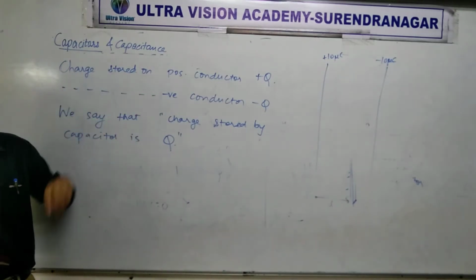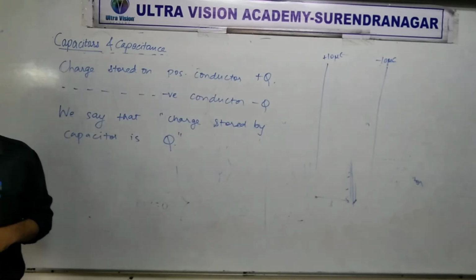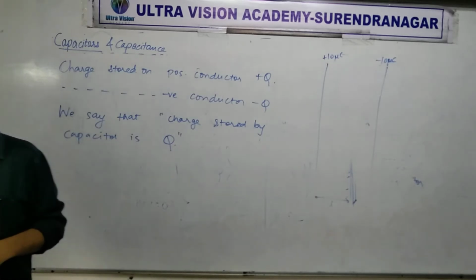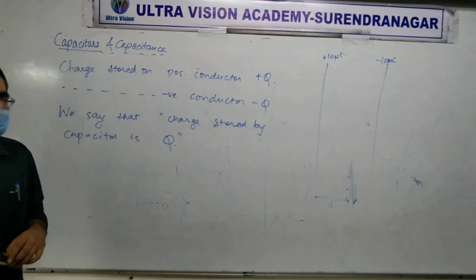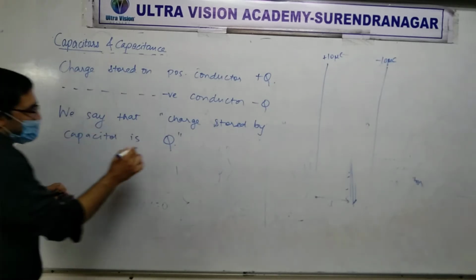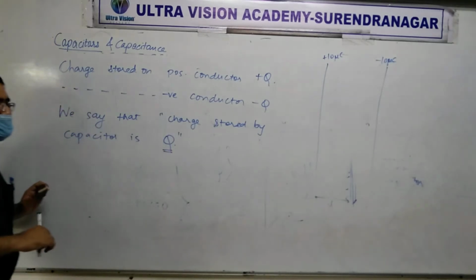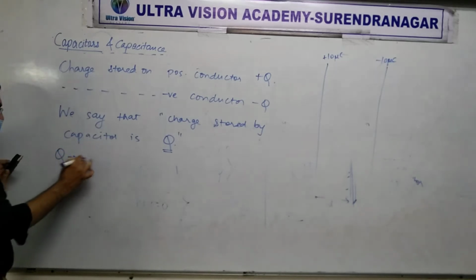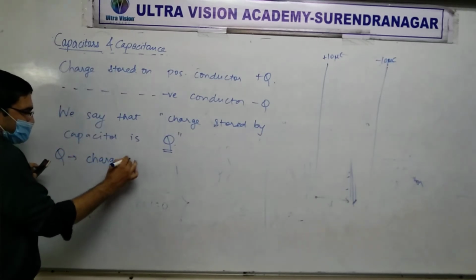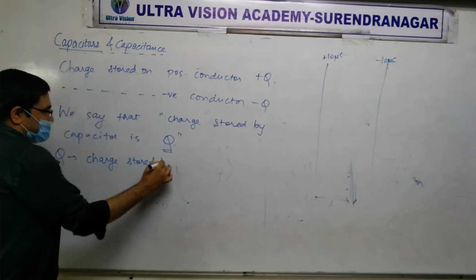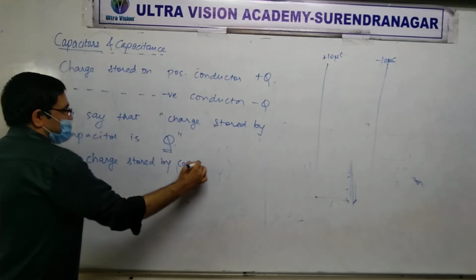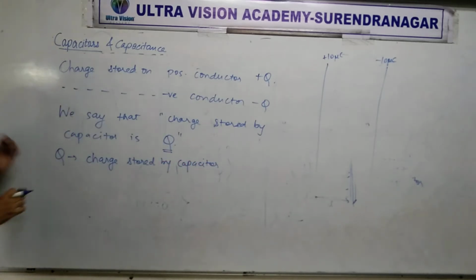So what's the charge stored by that capacitor? 10 microcoulomb. Q is the symbol that we use for the charge stored by the capacitor. This is our standard symbol.